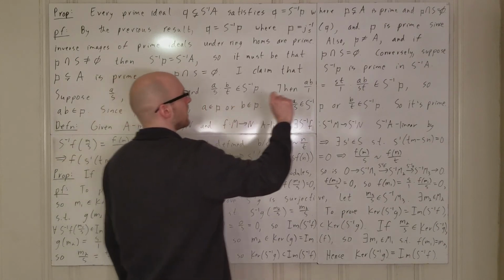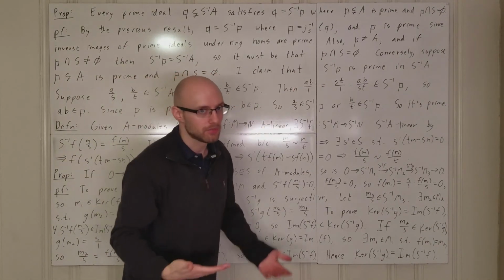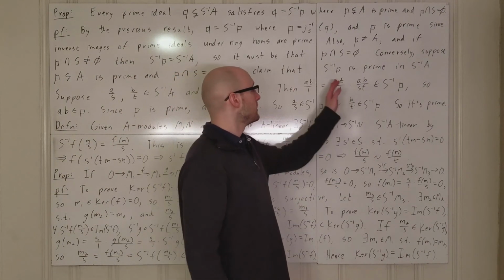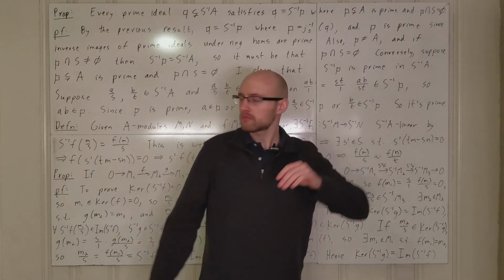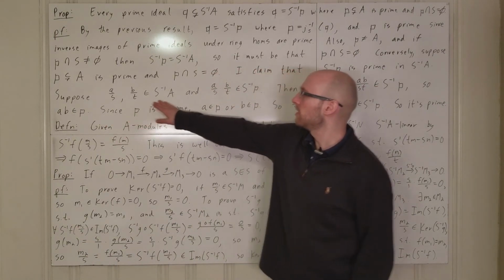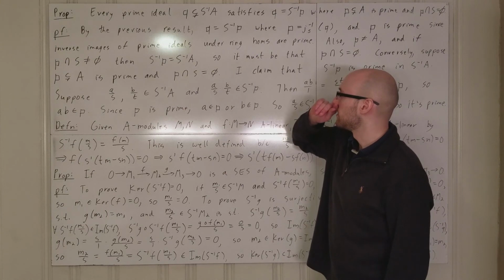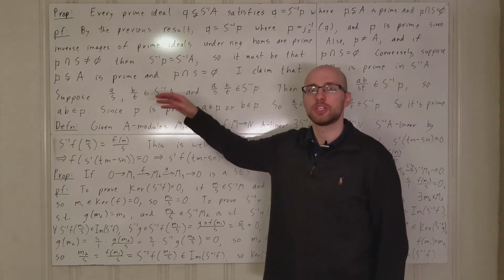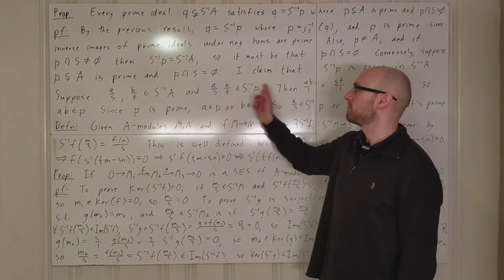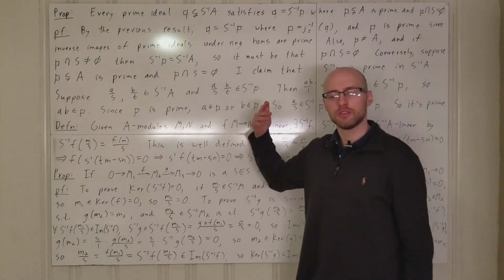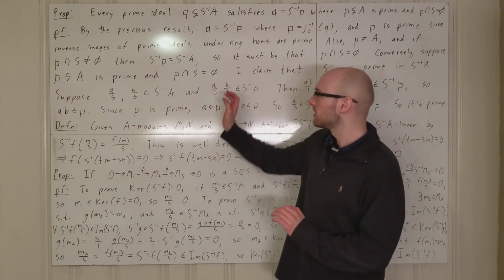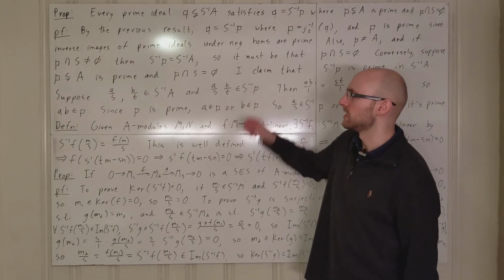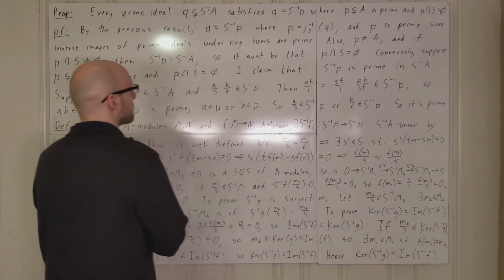We want to prove that S inverse P, well, it is an ideal. We've proven that already, but we need to prove that it's a prime ideal. So suppose you have two elements in S inverse A such that their product is in S inverse P. To confirm primeness, we want to prove that one of these two fractions is in S inverse P. Okay?